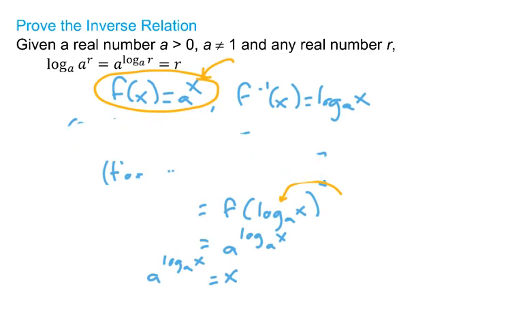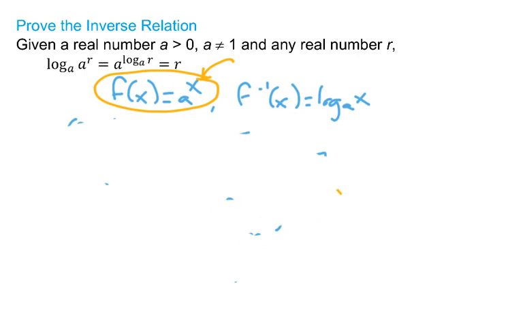So the other one works exactly the same way. If I can clean up some space here for a second. It is also supposed to be true that the inverse taken in the other order should also give you x. F inverse of f of x should also be x.